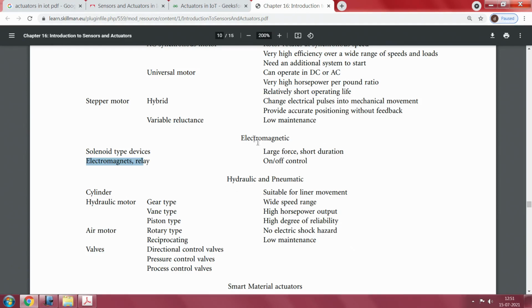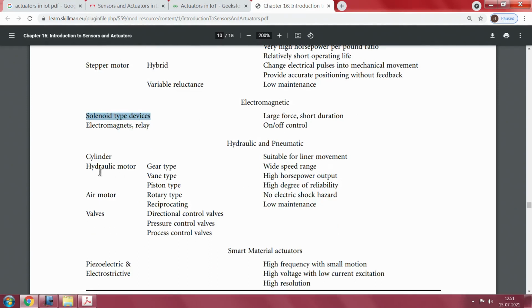Then we will do a demonstration of a solenoid type of device, which comes under the electromagnetic category. Then you can also have hydraulic and pneumatic actuators: a hydraulic motor, an air motor, and valves such as directional control valves and pressure control valves. They all come under hydraulic and pneumatic actuators.